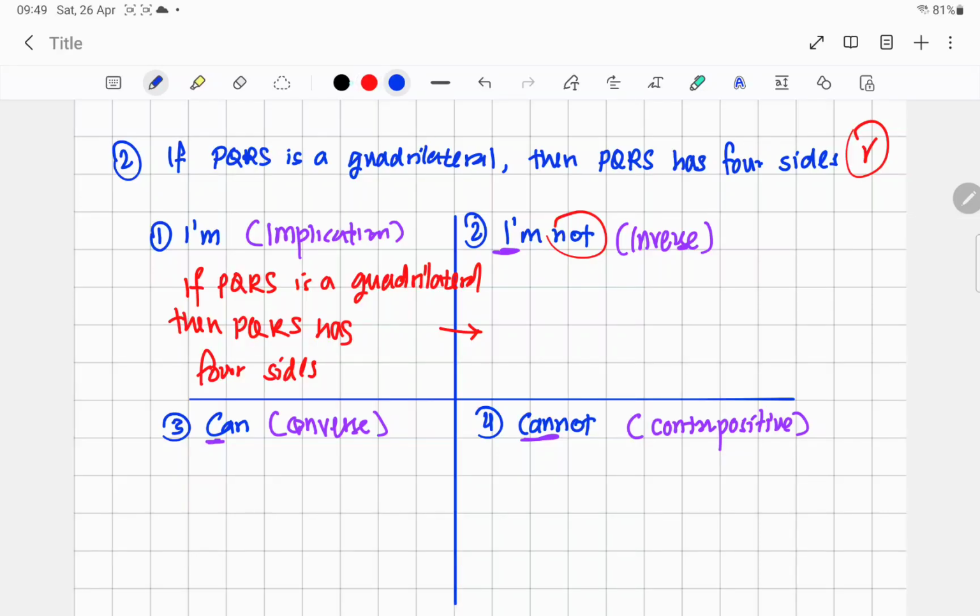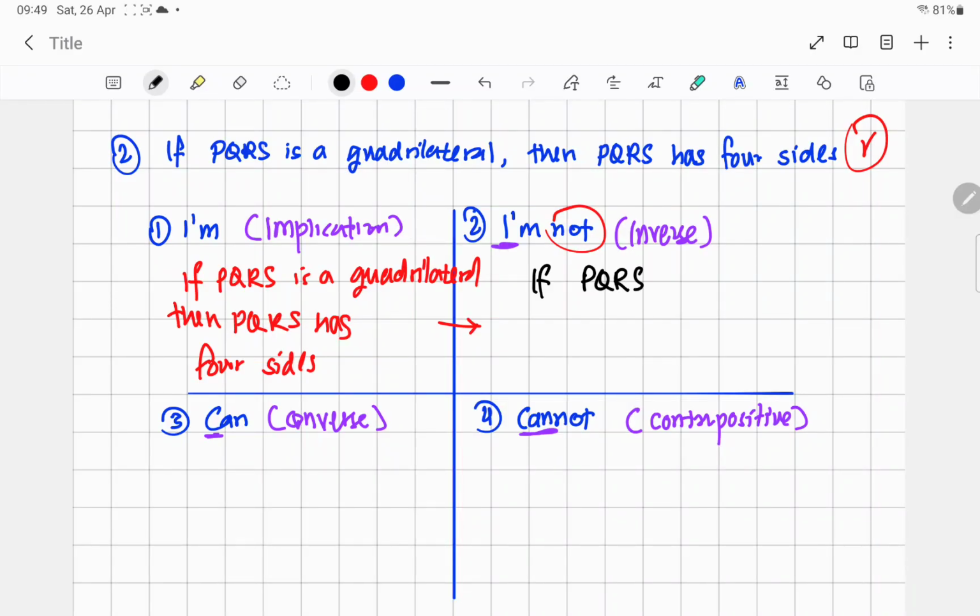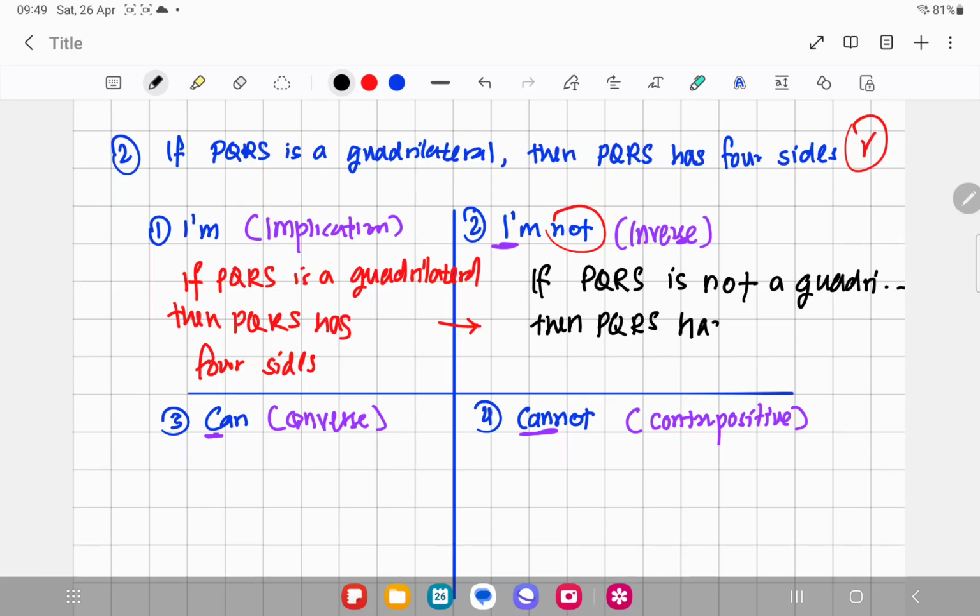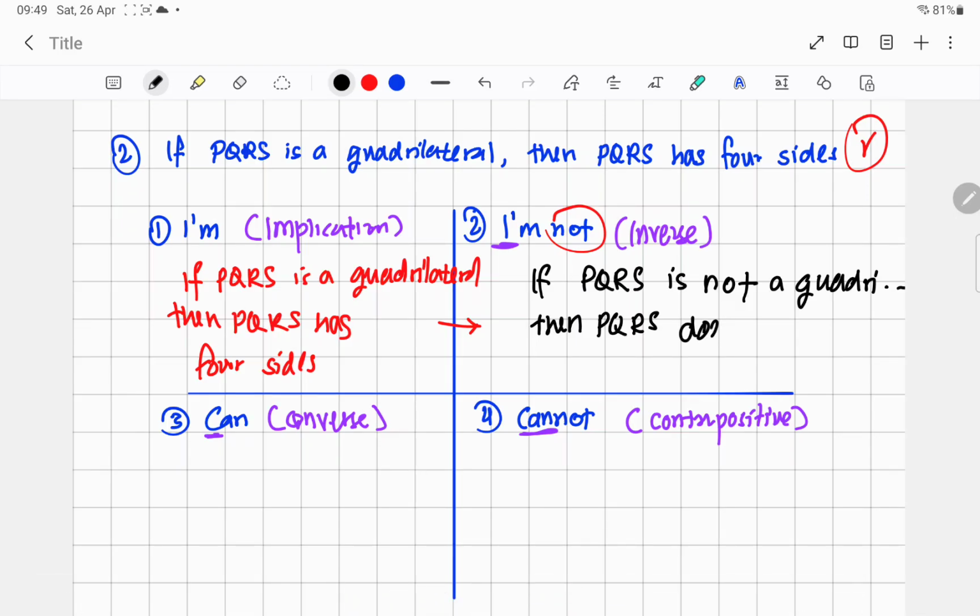So the answer is: if PQRS is not a quadrilateral, then PQRS does not have 4 sides.